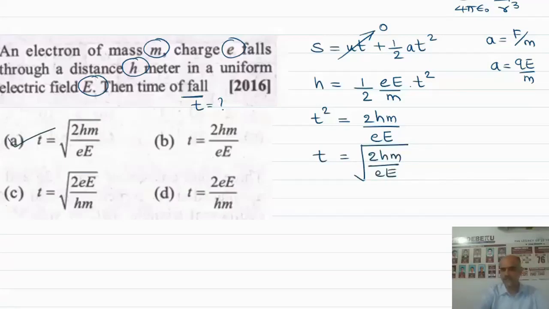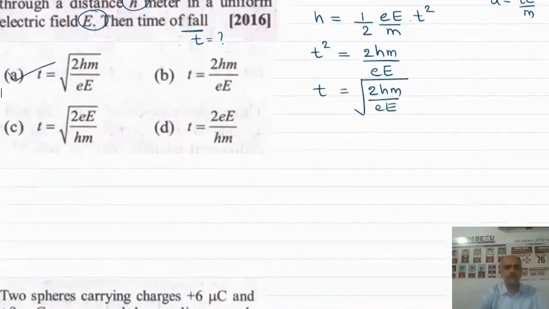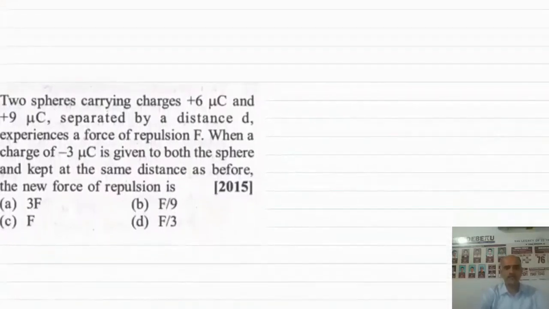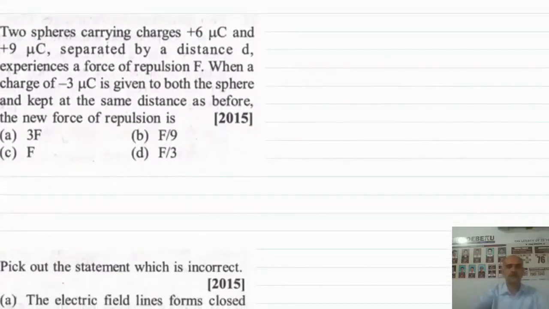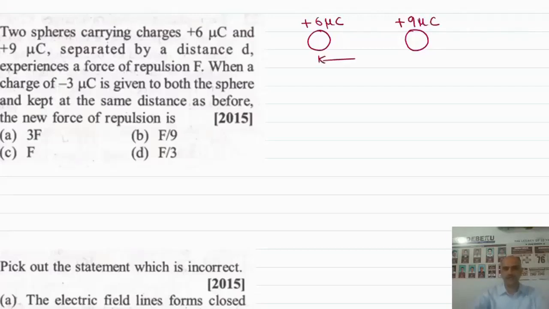Clear? Next one: two spheres carrying charges plus 6 microcoulomb and plus 9 microcoulomb are separated by distance d and experience a force F. So one sphere has plus 6 microcoulomb charge, another has plus 9 microcoulomb charge, separated by distance d, experiencing force F. So I can say F is proportional to 6 into 9 divided by d square.